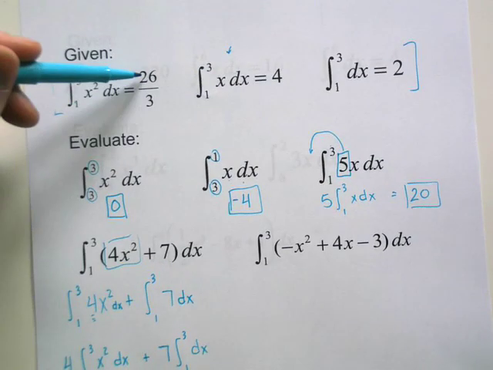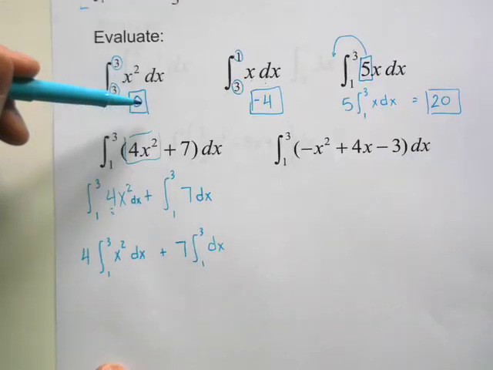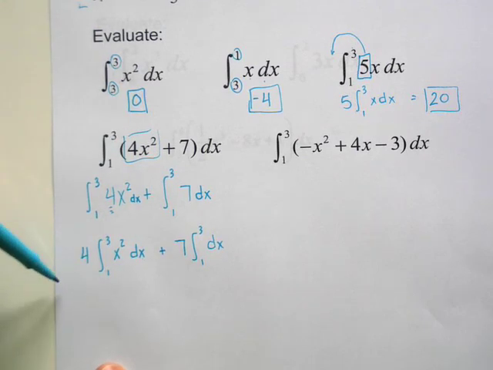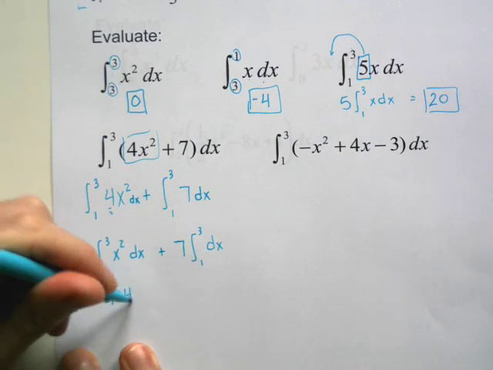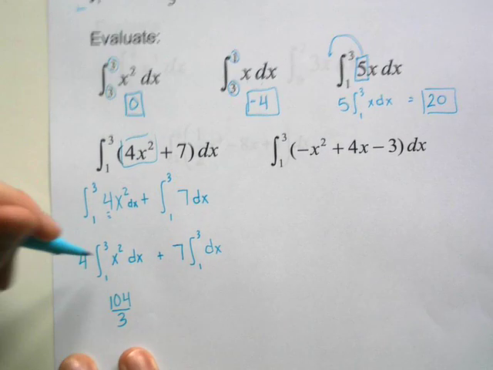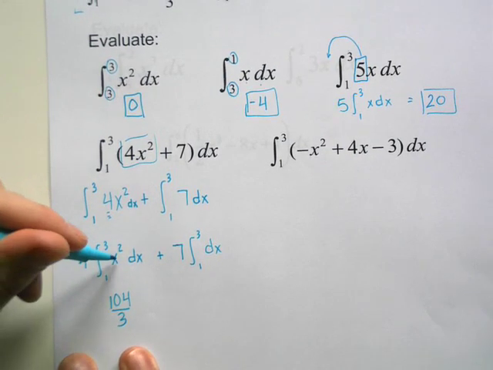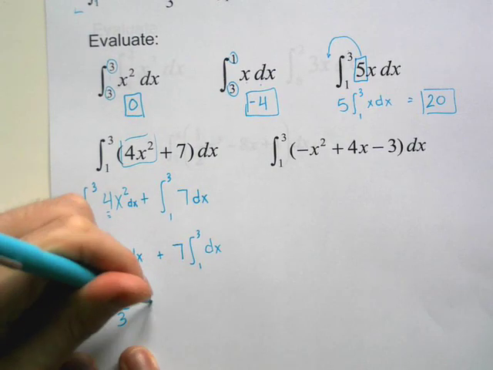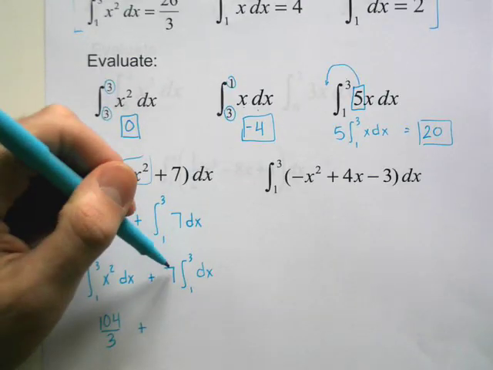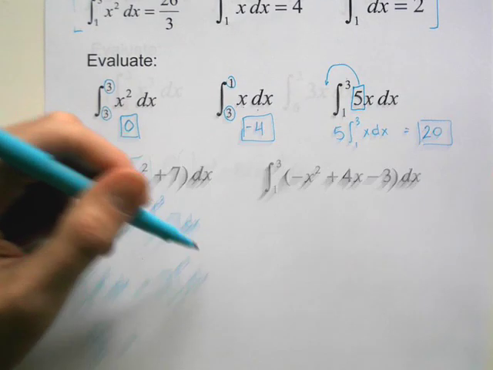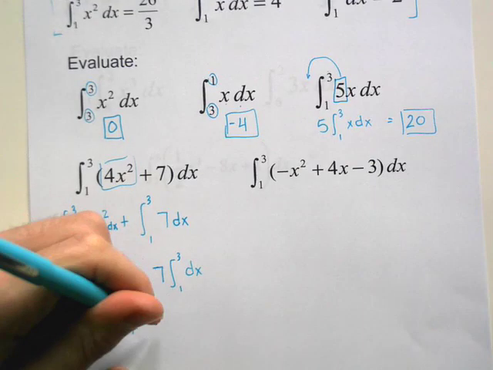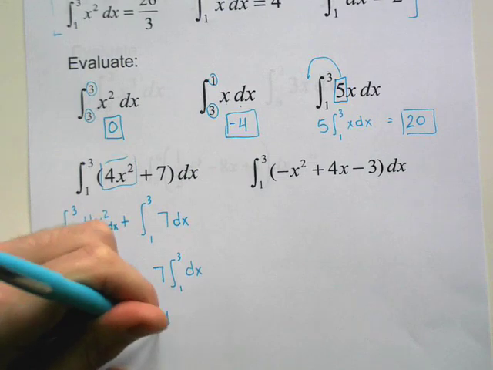So 26 over 3 times 4, okay, that's going to be 104 over 3, okay? So 4 times 26 over 3 is 104 over 3, plus, this is 7, obviously, integral from 1 to 3 of dx is just 2, so 7 times 2 is 14.